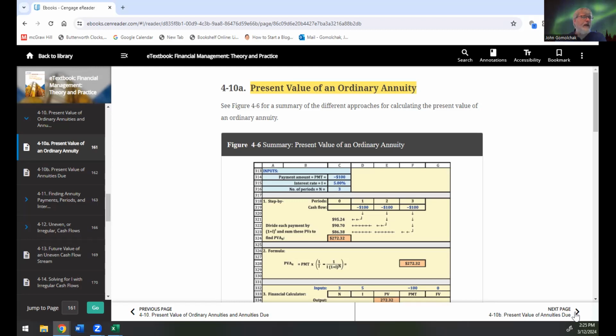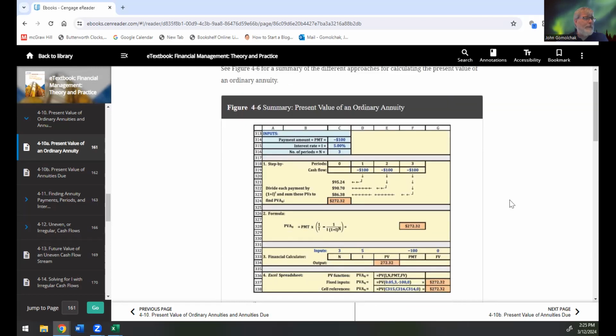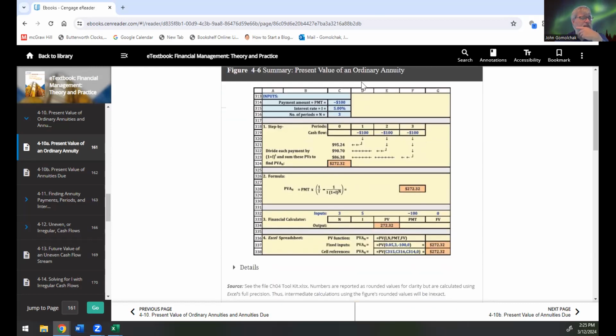Got it? All right, so I believe we're looking at the book here. I'm sharing the book. So as you can see, and once again, if you guys are going through this on your computers, you can click on that input thing so you can get the publisher's spreadsheet up that has all this information in it. So they've set it up with a payment amount of $100, interest rate of 5%, number of periods is 3.